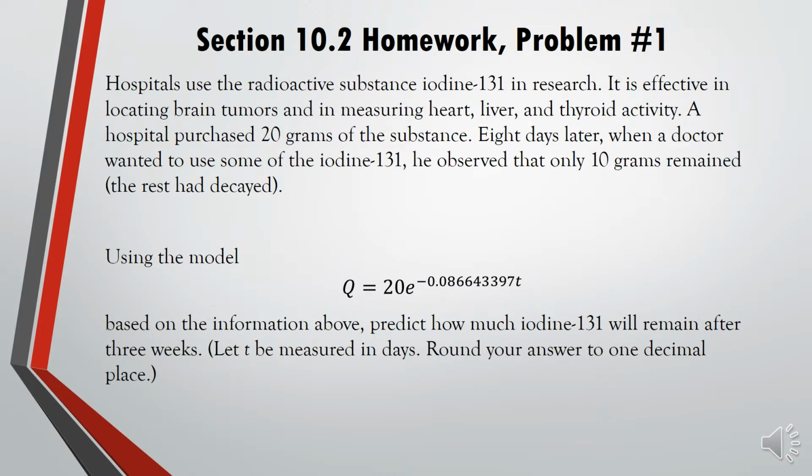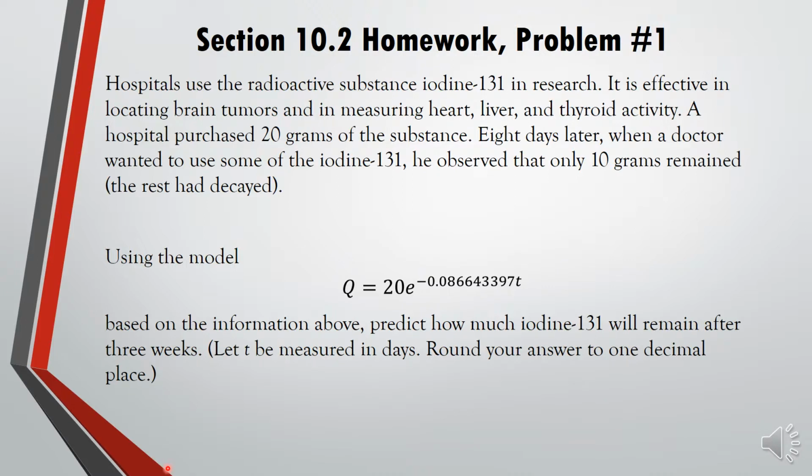Now let's look at a homework problem. This problem also deals with iodine-131. One thing I just want to point out is that they're using a different number here. If you look right here, their decay constant, for some reason, they don't round up at the end.